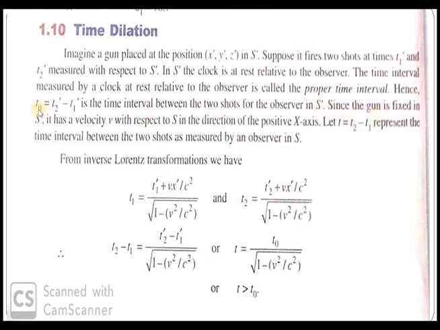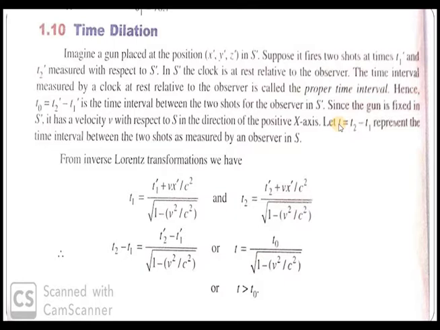Since the gun is fixed in the S prime frame, and the S prime frame is moving with a velocity v with respect to the S frame along the positive x direction, you can represent the time elapsed in the S frame.